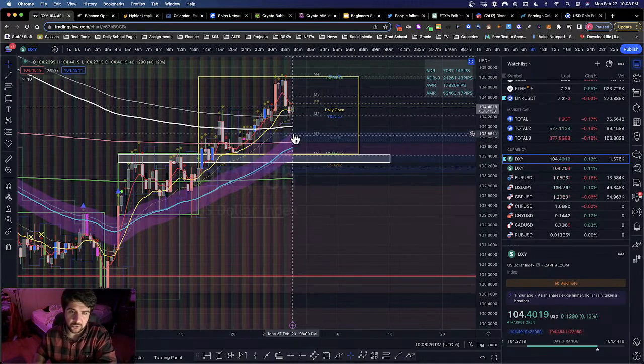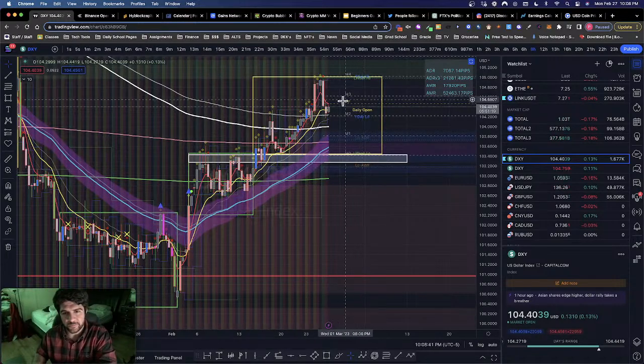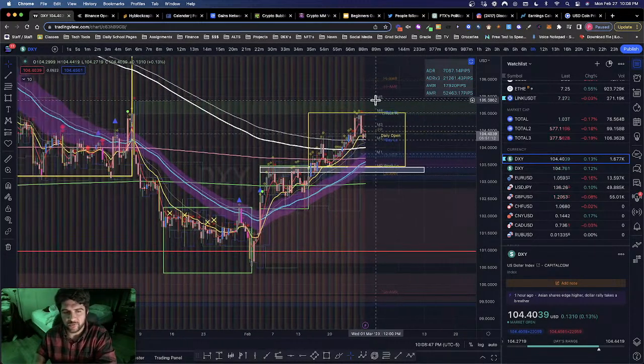I do expect a little bit of a pullback into here, probably where speed occurred. Maybe take this wick on the 8-hour. Although again, it looks extremely bullish. If you do get a pullback a little bit, your next zone up in here, you got some green volume up here at 105.